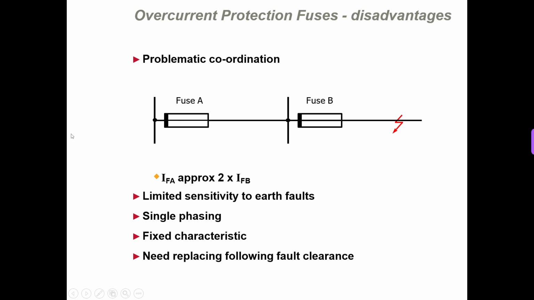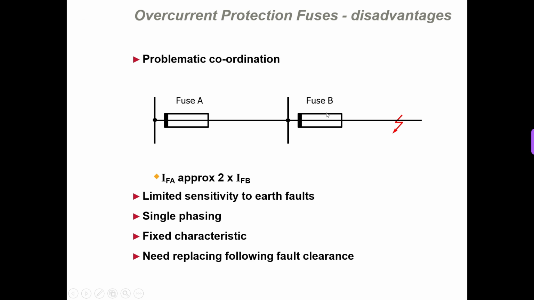Now, suppose we have a portion of a power system like this, and we have a fault at this position. So we have two fuses, one for this section and the second fuse for this section. Now, for this fault, we want fuse B to blow, not fuse A. So suppose this fuse is rated for 10 ampere and the fault current we are expecting here is 15 ampere.